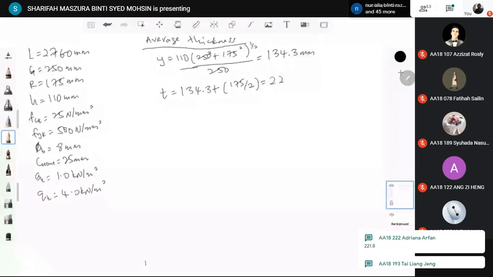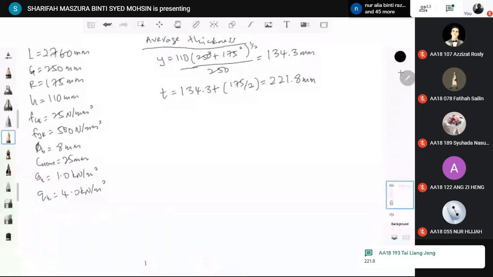We get 221.8 millimeter. Now we can calculate the loading action.